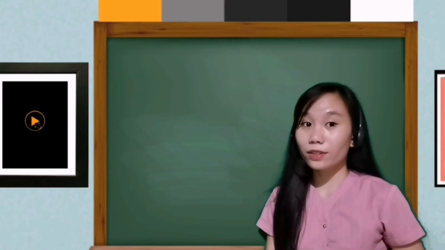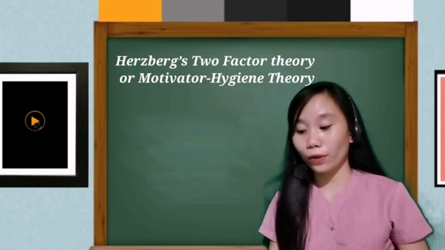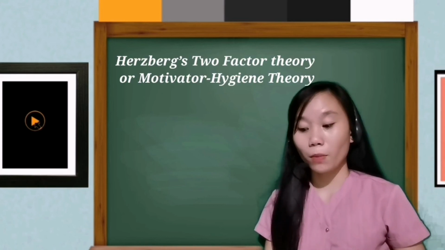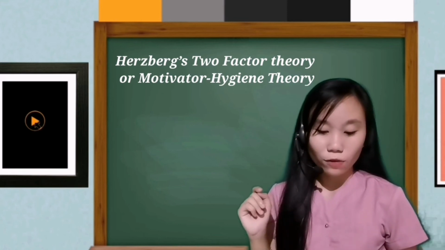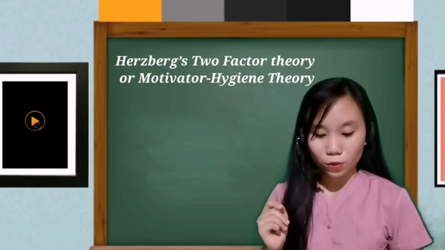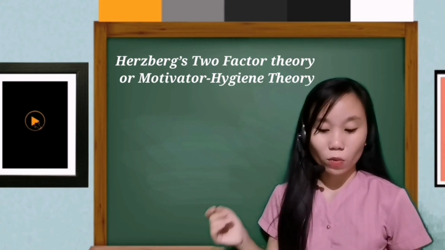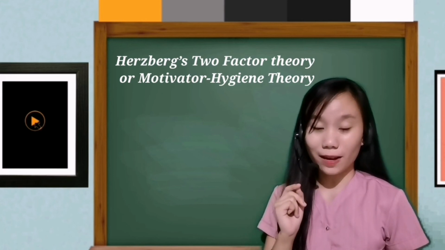The theory that supports and expands Maslow's hierarchy of needs is Herzberg's motivator-hygiene theory. Frederick Herzberg's two-factor theory concludes that certain factors in the workplace result in job satisfaction, while others do not, but if absent, lead to dissatisfaction.